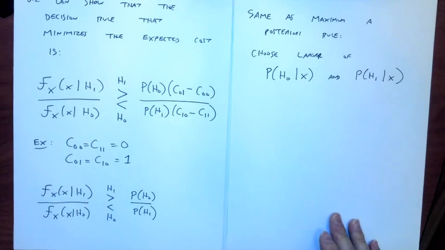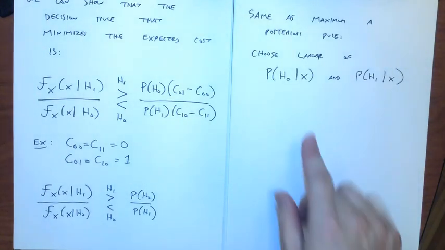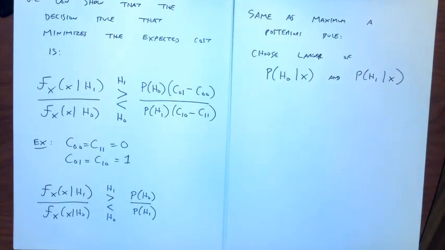That's kind of what a Bayesian would say, is that I don't want to choose the bigger likelihood, I want to choose the bigger a posteriori probability, given the data and given the underlying likelihoods of these things happening. Okay.